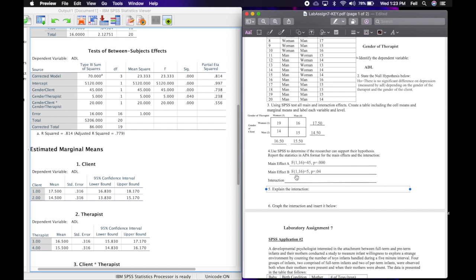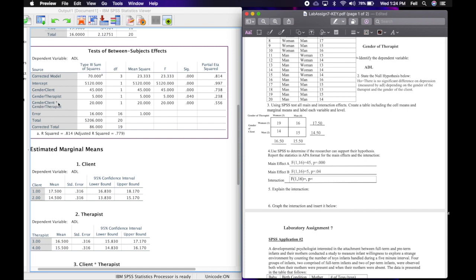And then I have to report the interaction statistic. So for the interaction statistic, I'm going to use the degrees of freedom for the interaction, which is 1, and of course the error, which is 16. Okay, so with degrees of freedom of 1 and 16, the interaction, I see it here with the star.